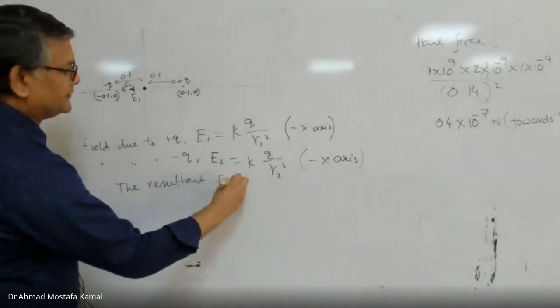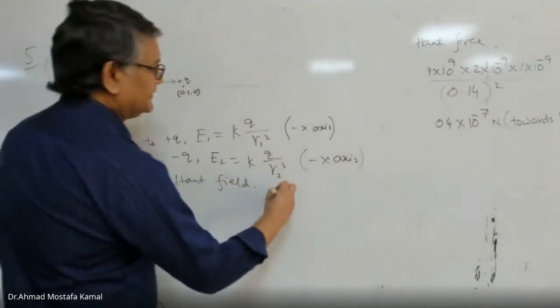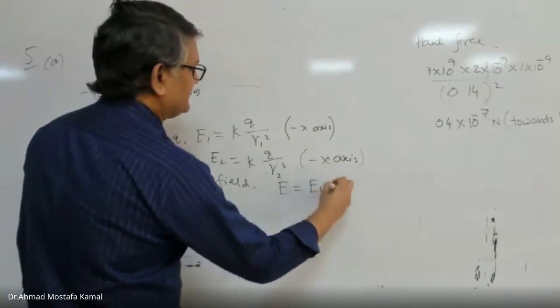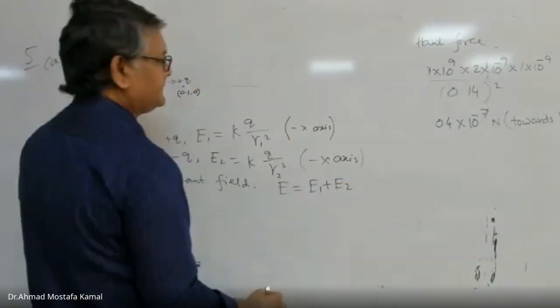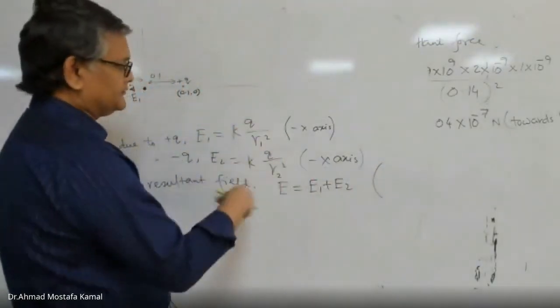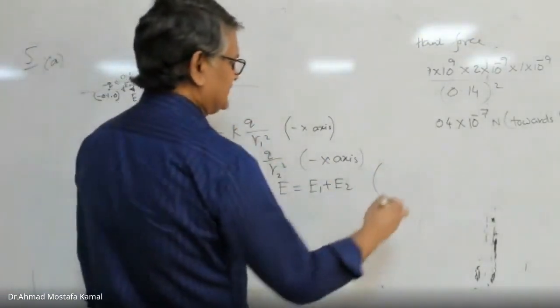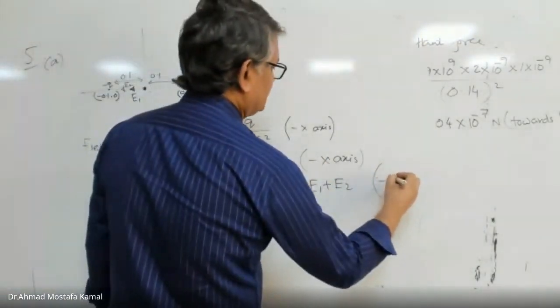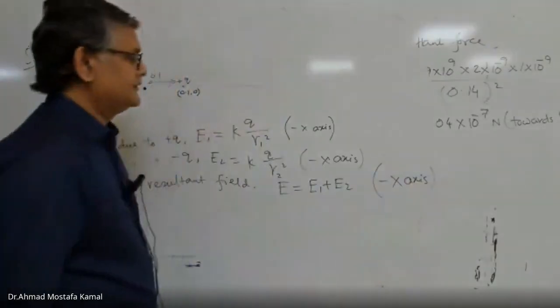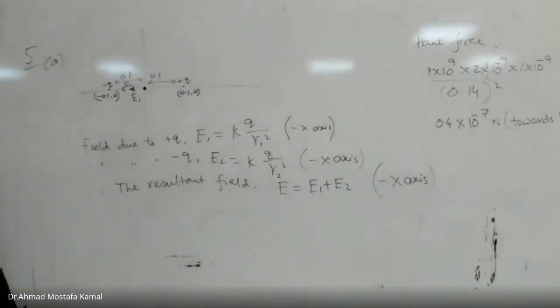The problems here are all like this. You just have to decide about the direction, E1 plus E2, add them, and just write down E1 is that and E2 is that. You can find out the magnitude very easily and write down that the direction of the field is the negative x-axis.